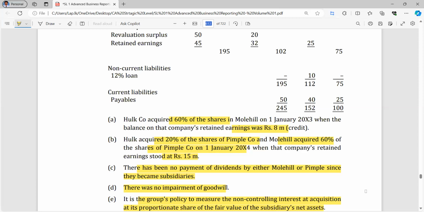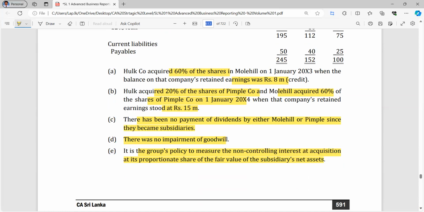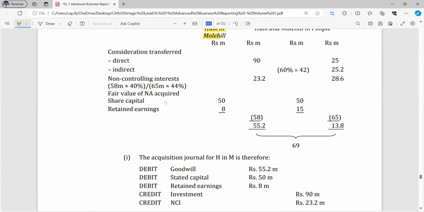Here, the retained earnings is 8 million and stated capital is 50, so you can take 58. Share capital and the retained earnings, 58. Out of that, you can take the NCI as 58 into 40%, that is 23.2.